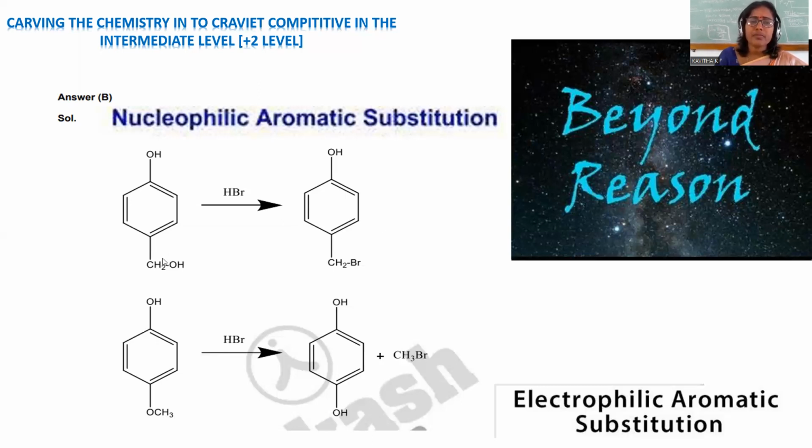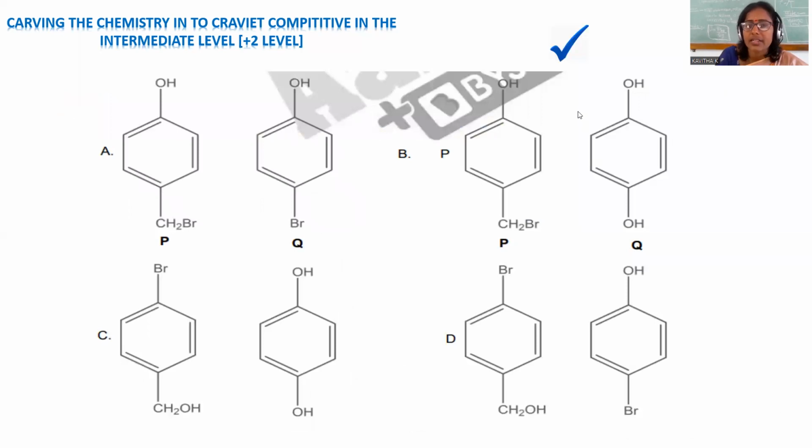So when CH2OH is there, it is a nucleophilic substitution, OH minus replaced with Br minus. Whenever OCH3 is there, CH3 positive is replaced with H plus, so we get a hydroxy. This is the way we can answer, and the right option will be option B, where you get OH and CH2Br at para, and OH and OH at para.